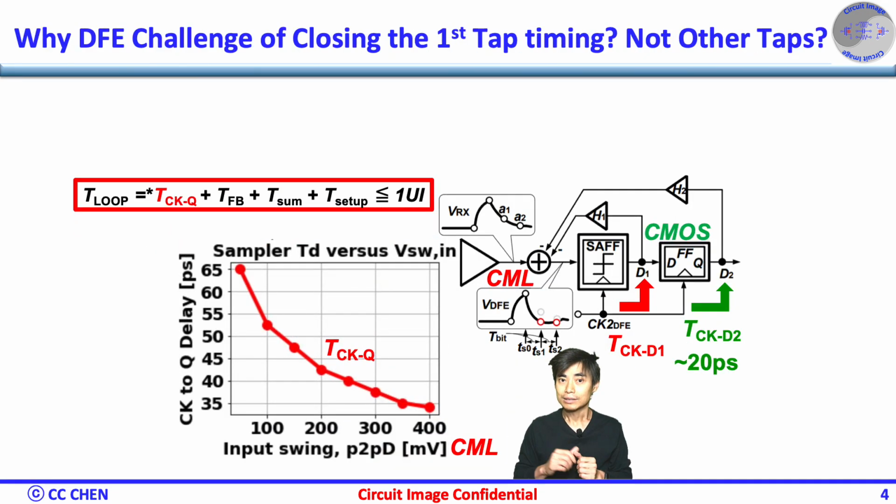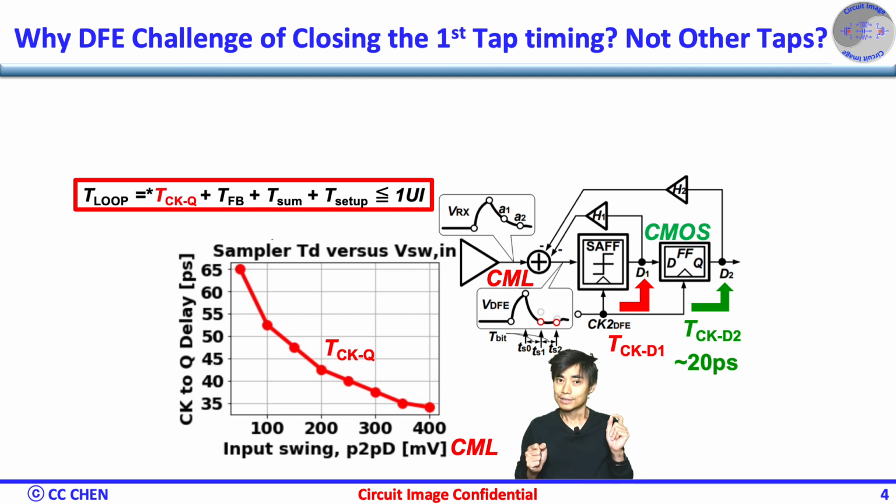If we look at the difference between the first and second tap closely, we notice the difference is their sampler's clock to Q delay and their input swing. Please be advised that the sampler's clock to Q delay will decrease if the input swing is increased and vice versa.